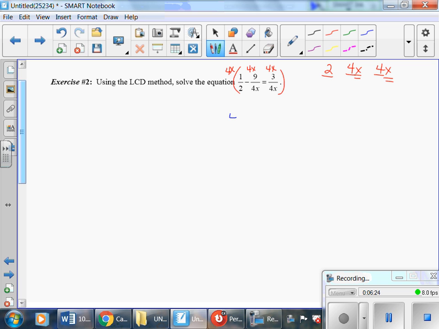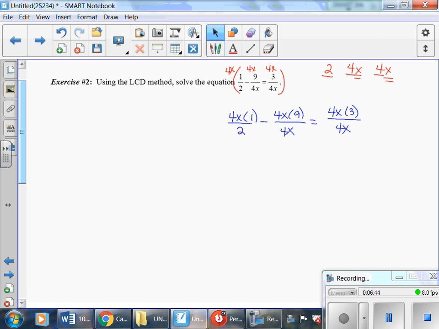You've got 4x times 1 over 2, minus, let's be consistent and put the 4x first, minus 4x times 9 over 4x, which is equal to 4x times 3 over 4x. And then you can simplify from here.